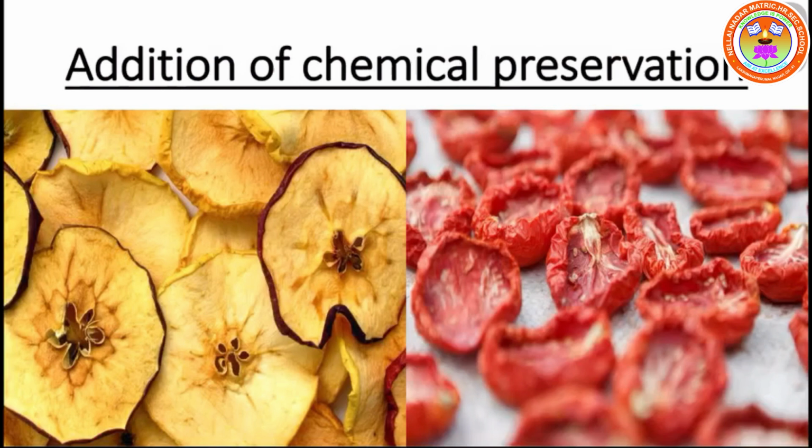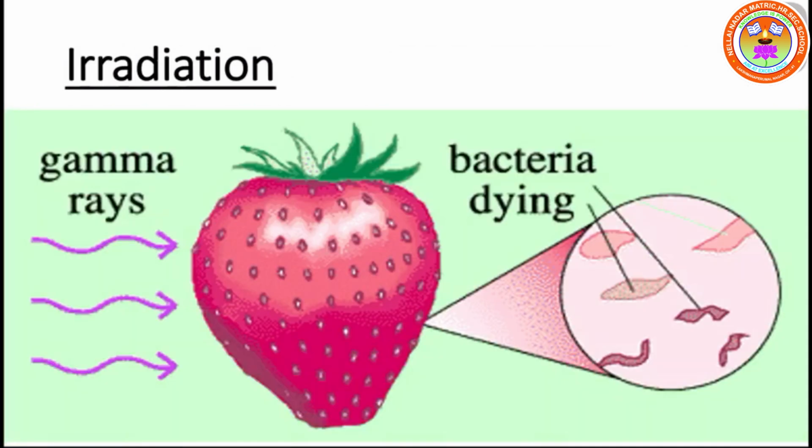Example, milk powder. Addition of chemical preservatives. Chemical preservatives are added to stop the growth of microorganisms in certain food materials. Example, sodium benzoate is added with fruits, sulfur dioxide is added with dry fruits, vinegar is added with pickles.